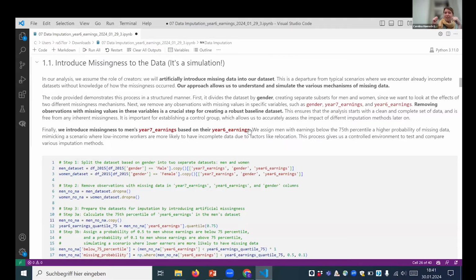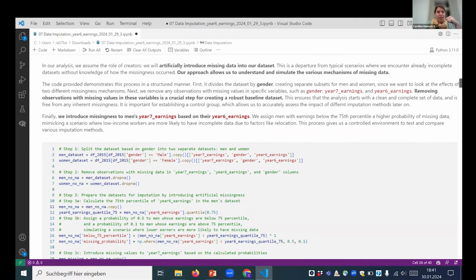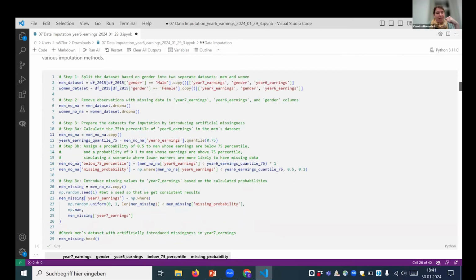But the important thing is here that the missingness that we model here is dependent on year 6 earnings, which we have observed completely. And in year 7, we have some missing depending on that other variable. So a missing at random scenario.